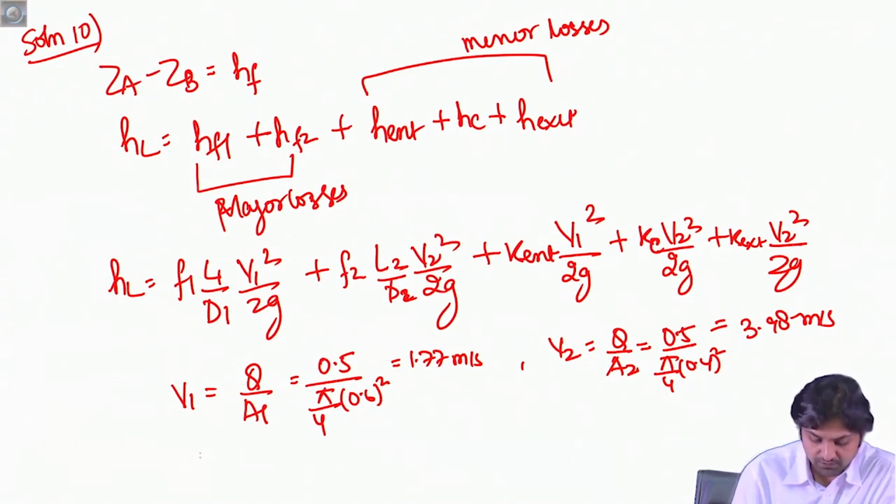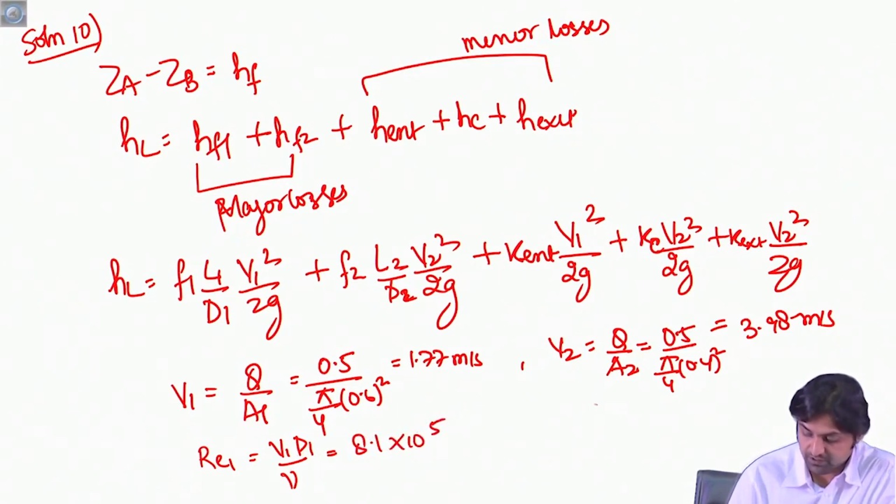All right. So if we know our V1, we know RE1, V1 D1 by nu, and you put the value of velocity, D and nu, you will get 8.1 into 10 to the power 5.